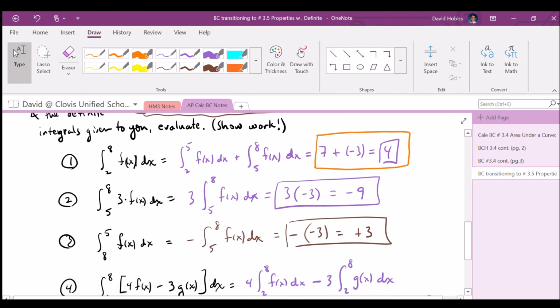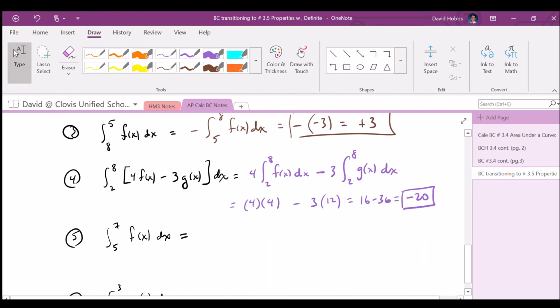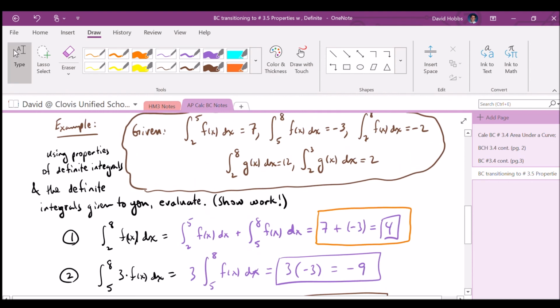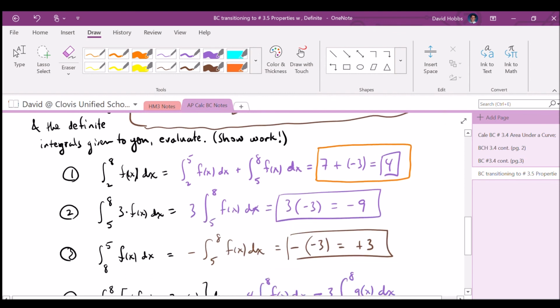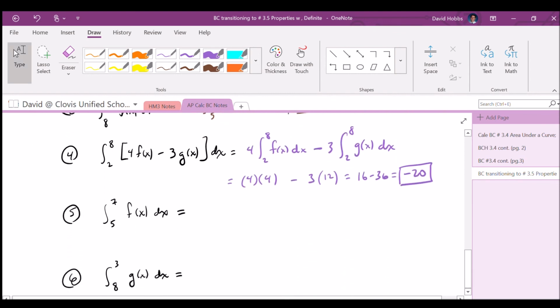Now, the key here is to understand that essentially these can be written up as an equation. Since I have 5 to 8, which kind of covers the whole thing, and then the 7 to 8, the 5 to 7 plus the 7 to 8 is equal to the 5 to 8.